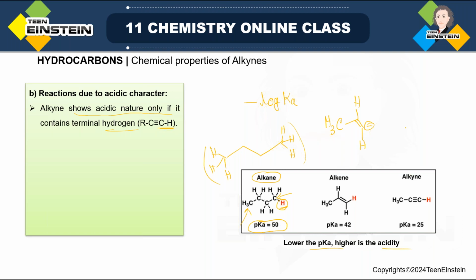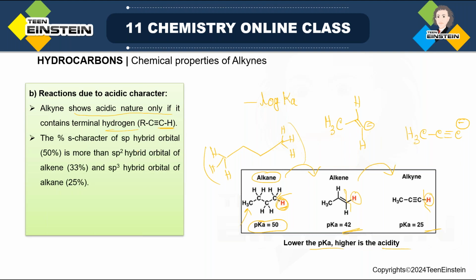For alkyne, here we have taken propyne, and there will be negative charge generation over this carbon when you break this carbon-hydrogen bond. The pK value is 42 for alkene and 25 for alkyne. So when you move from alkane to alkene, then from alkene to alkyne, the pK value gradually decreases. It proves that for this particular hydrogen, the acidic character is increasing.